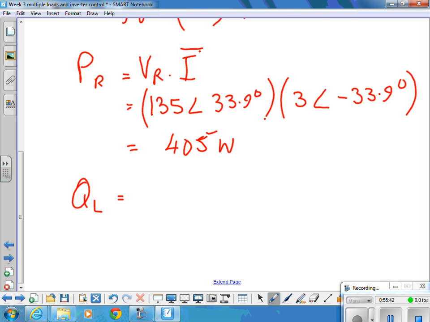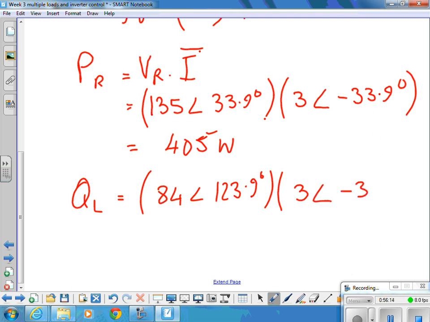QL is the voltage across it, which was angle 123.9 degrees. You've got to multiply that by the complex conjugate of I, 3 angle minus 33.9 degrees.